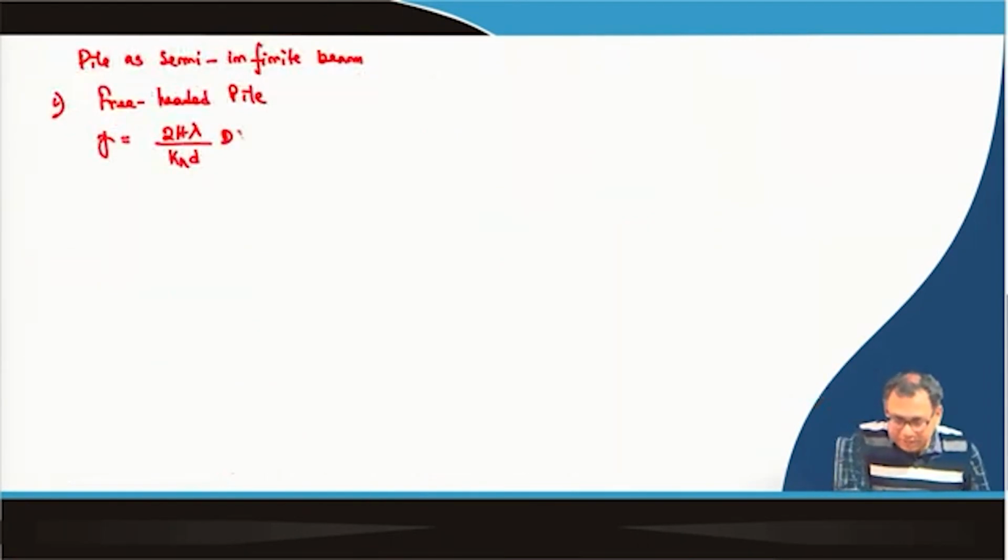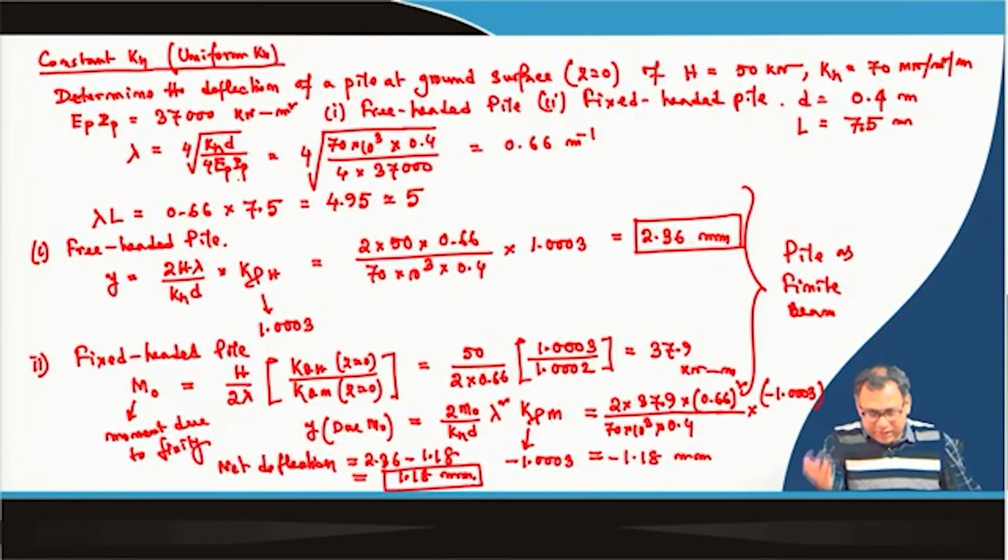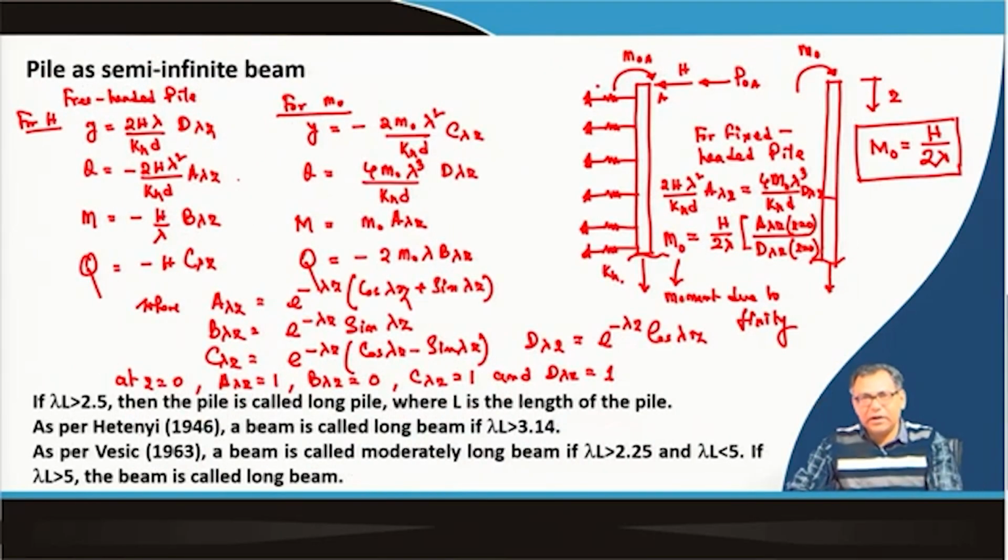So, D lambda z is equal to 1 at z equal to 0, but for any other z I have discussed how to calculate this coefficient for any depth or any distance.